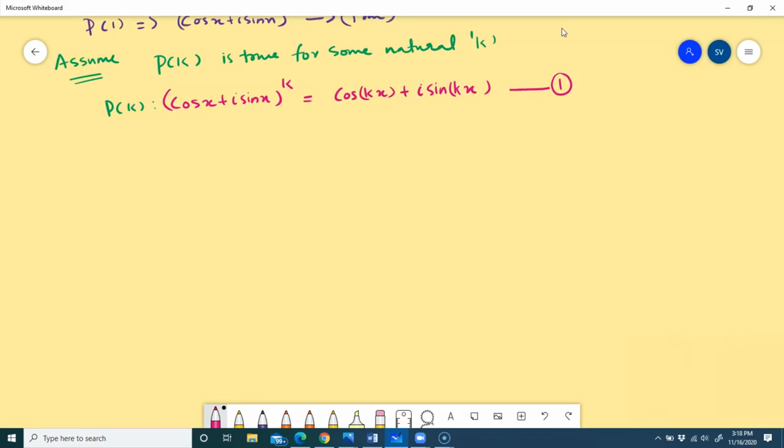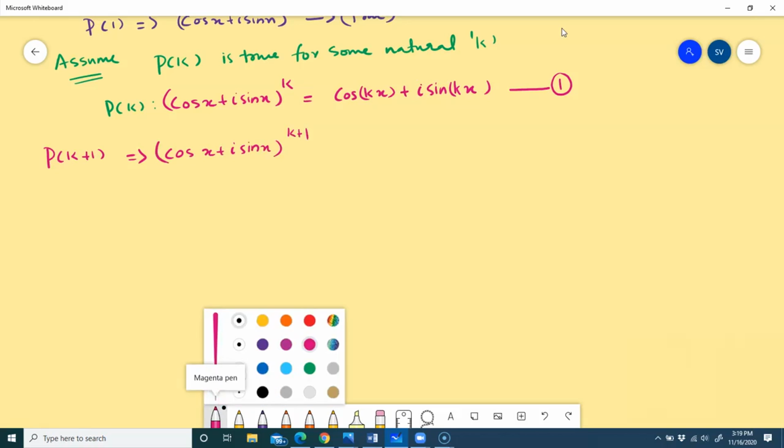So now P of k plus 1. What is P of k plus 1? If P of k is cos kx plus i sin kx, then P of k plus 1 is (cos x plus i sin x) to the power k plus 1.